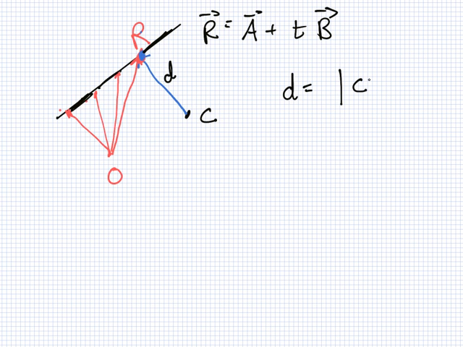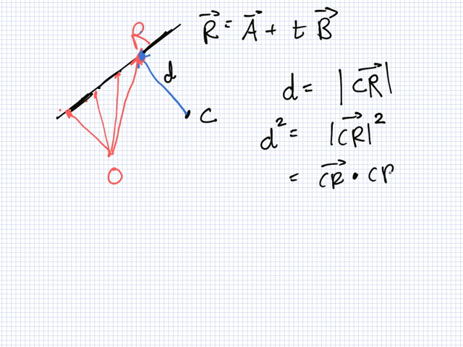CR. Now, rather than get the D, let's try and get a formula for the D squared. That's a little bit easier. Does anybody remember what this is equal to? CR. It's equal to CR dot CR.